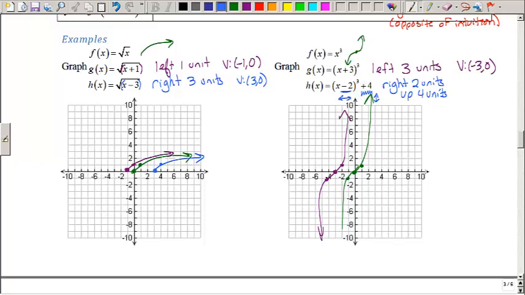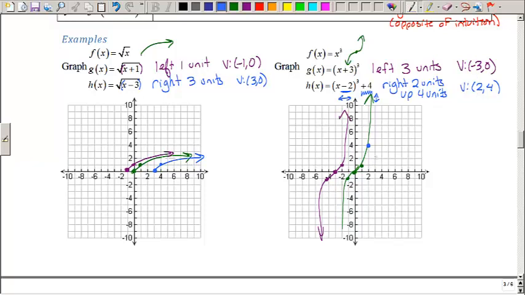So I have two shifts that I'm going to be working with. If I look at my vertex at (0, 0) for my parent function, and I shift it right 2 units, but also up 1, 2, 3, 4 units, I have a new vertex at (2, 4). 2 from the horizontal shift, 4 for the vertical shift.